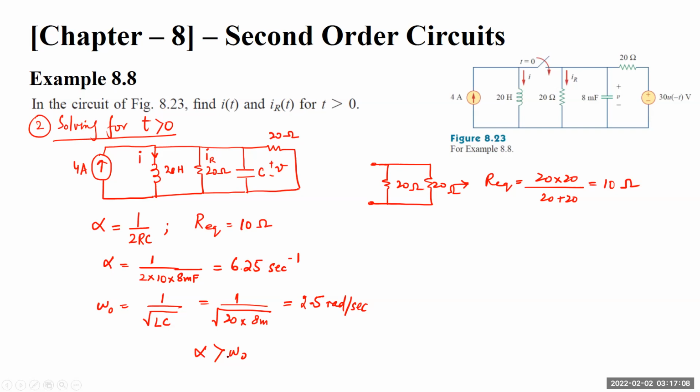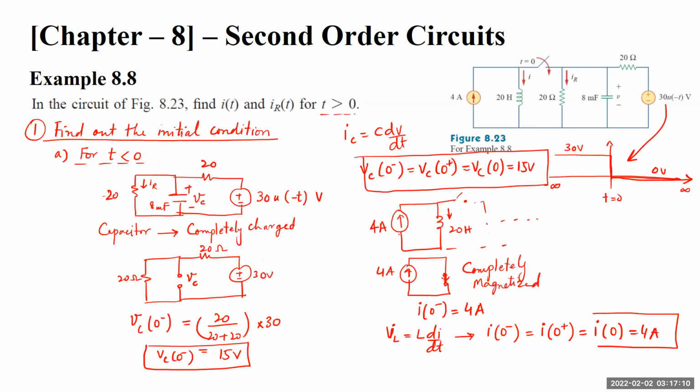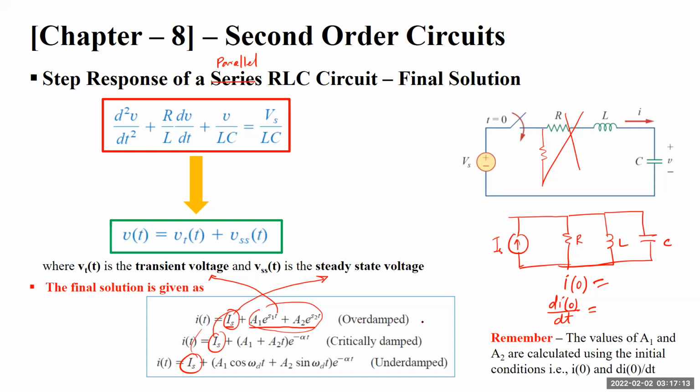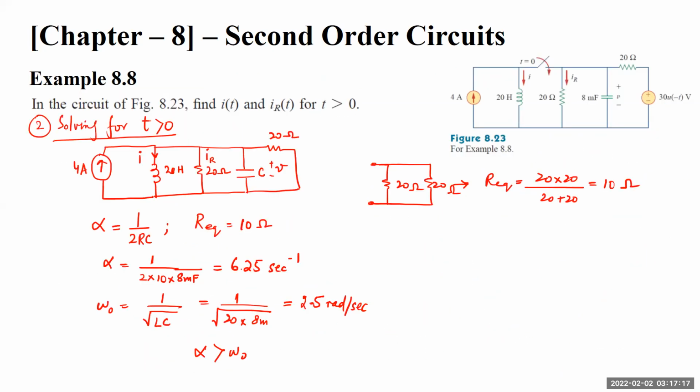When alpha is greater than omega naught, remember that we have an overdamped response. The other easier way is to just simply find the roots of the characteristic equation.